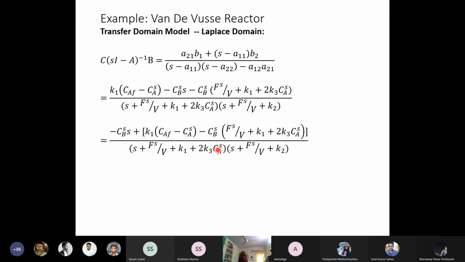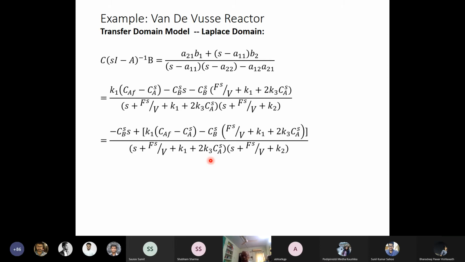Depending on these values, this zero may lie on the right half plane or the left half plane or on the imaginary axis itself. Okay. So this is basically the methodology for developing a state space model and the transform domain model from the basic dynamic equations.